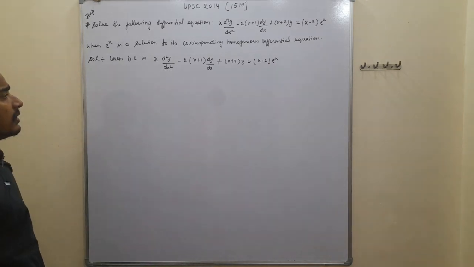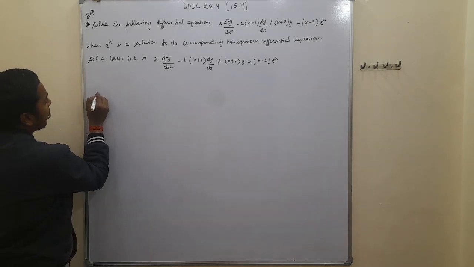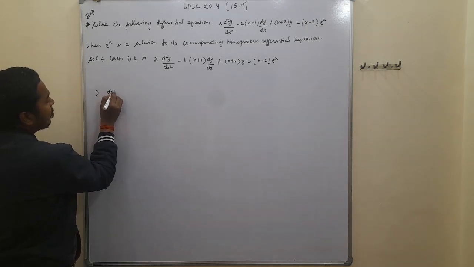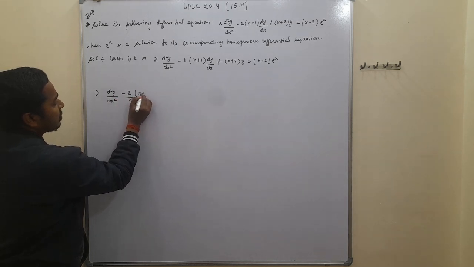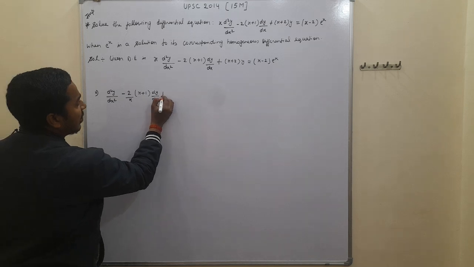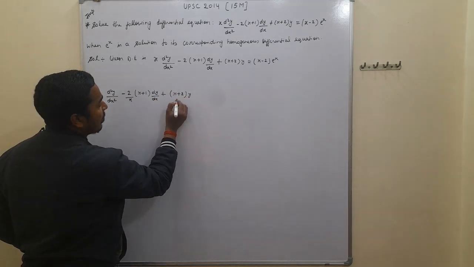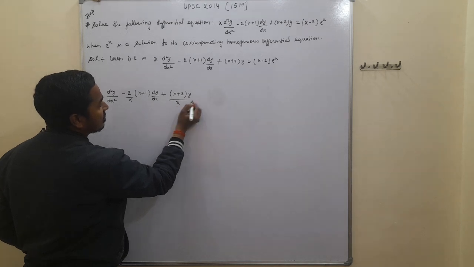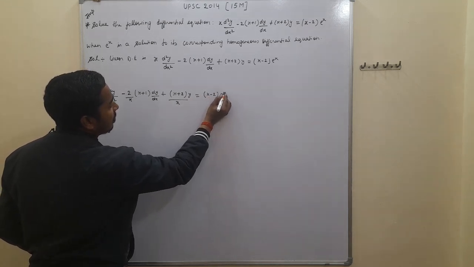Dividing both sides by x, this gives d2y upon dx2 minus of 2 upon x into x plus of 1 into dy upon dx plus of x plus of 2 into y upon x is equal to x minus of 2 into e to the power x upon x.